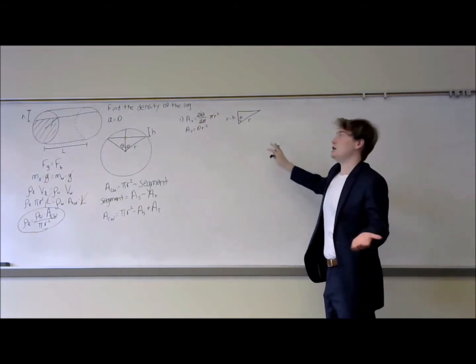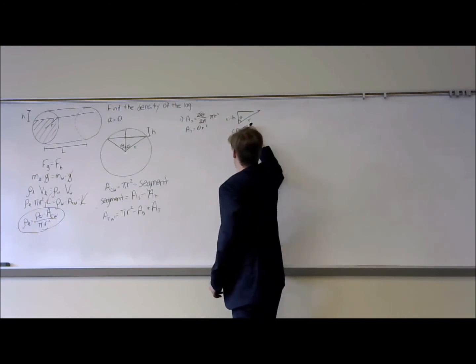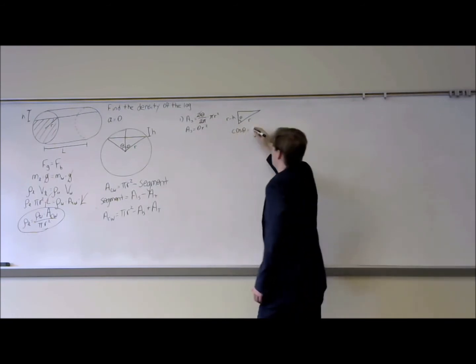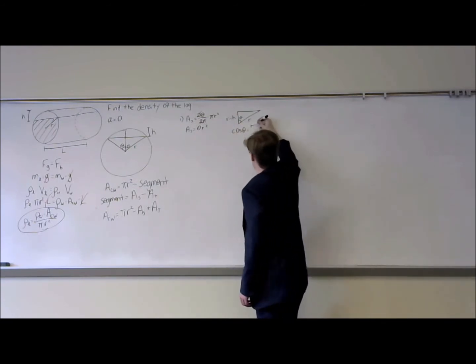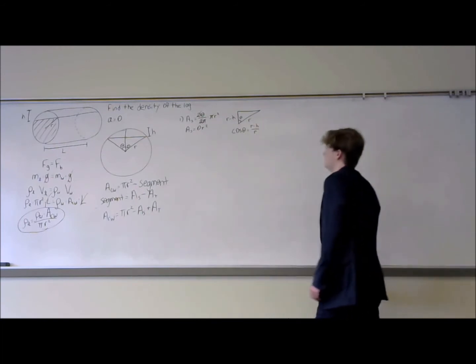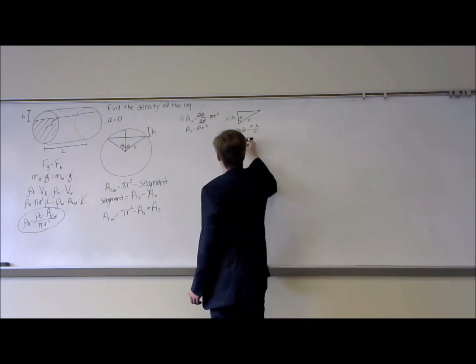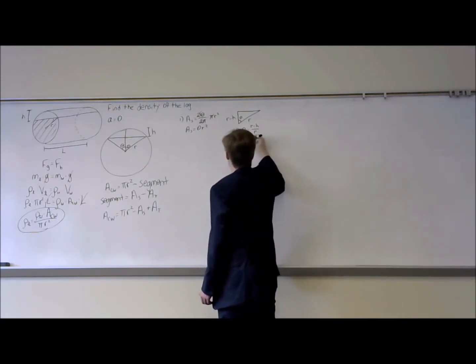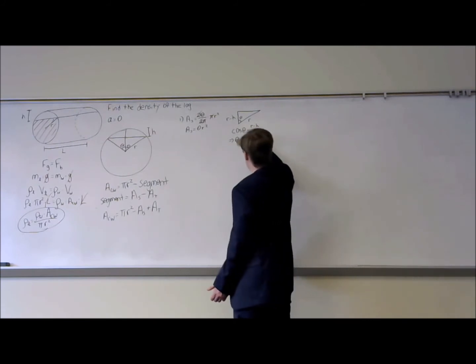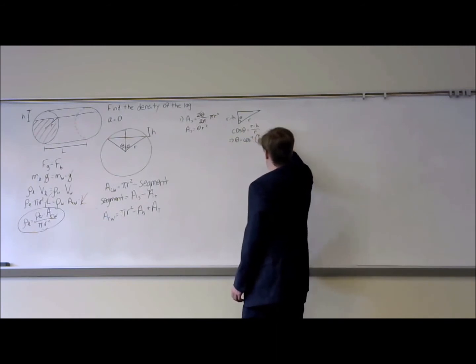Now, because we know our geometry and we know our trigonometry, we know that our cosine of theta equals the adjacent, so r minus h, over the hypotenuse, in this case, r. Now, we can say that because of that, theta is going to equal inverse cosine, so cosine to the minus 1 of that value, r minus h all over r.